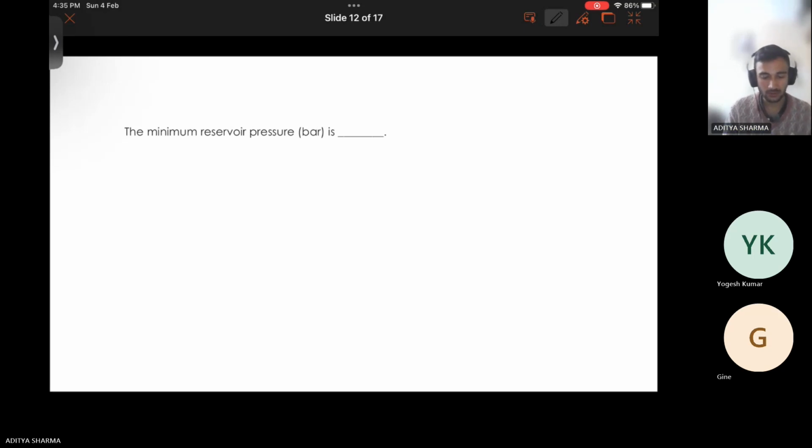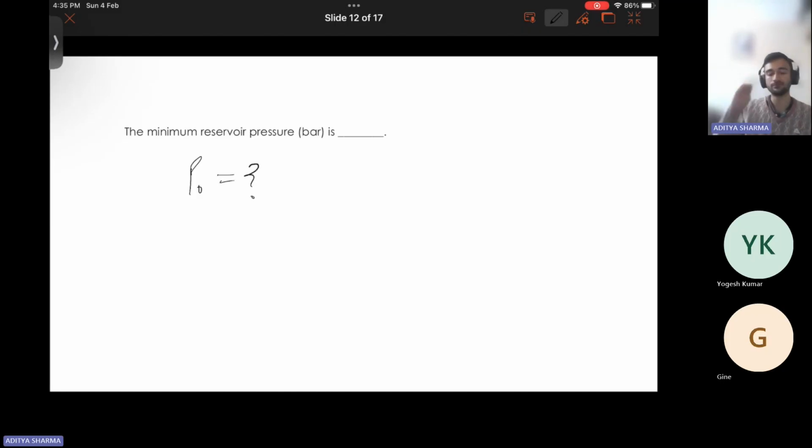So the minimum reservoir pressure. We need to find P naught, because the reservoir pressure has been asked. How do we find P naught?